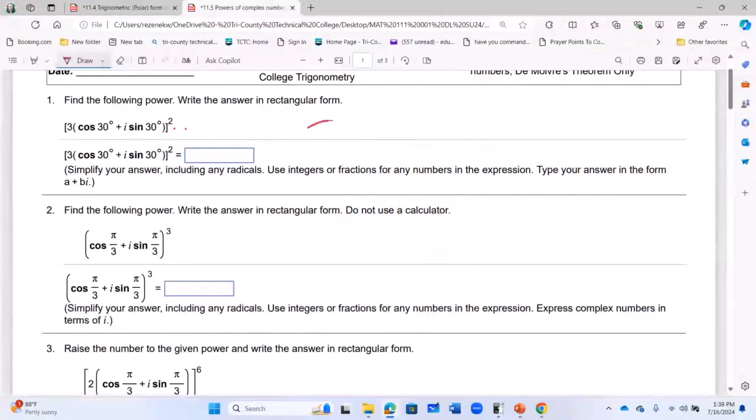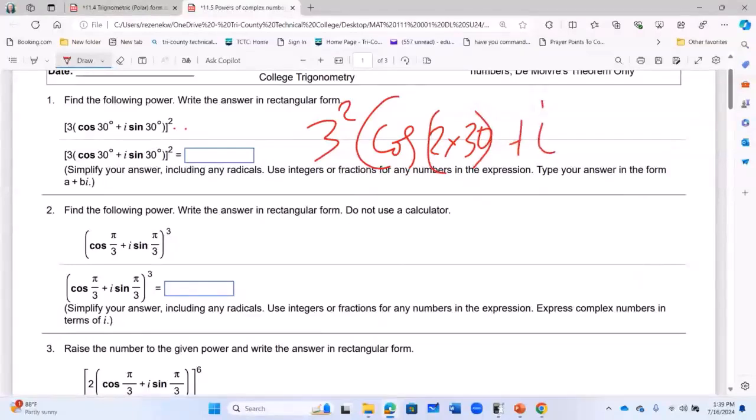So we are squaring. According to De Moivre's theorem, we square the modulus and we multiply the angle by the power. Simplify. 3 squared is 9. 2 times 30 is 60.